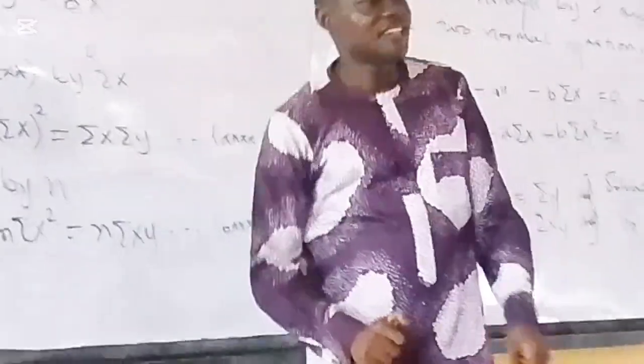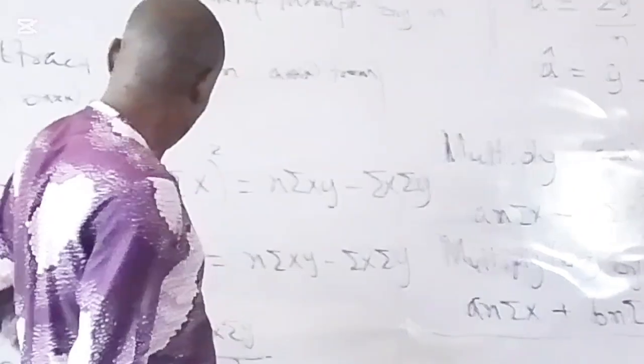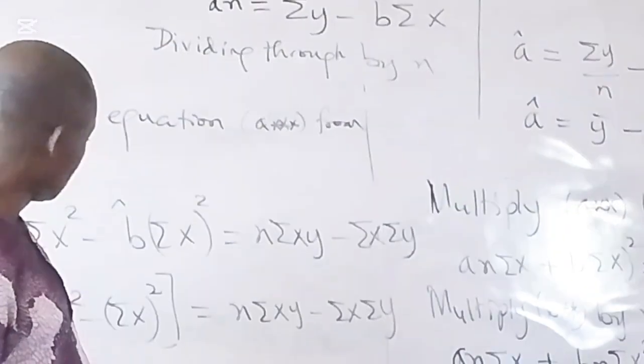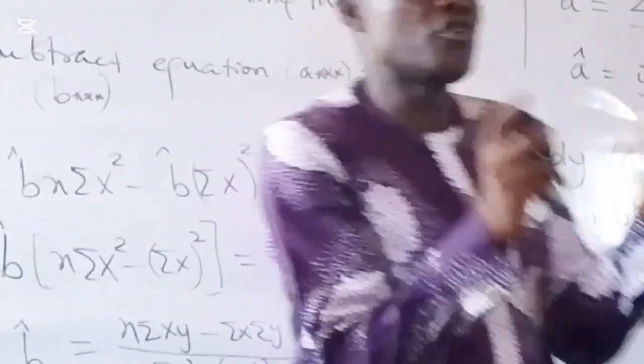While the slope, which is the second parameter, is given as b hat is equal to n sum of xy minus sum of x sum of y over n sum of x squared minus sum of x all squared. We'll rush through one small example and then I can end the class.